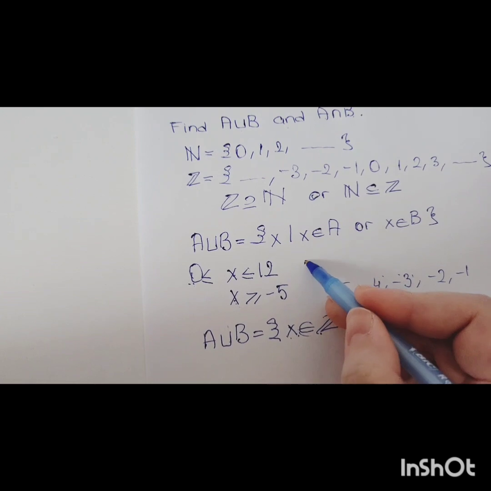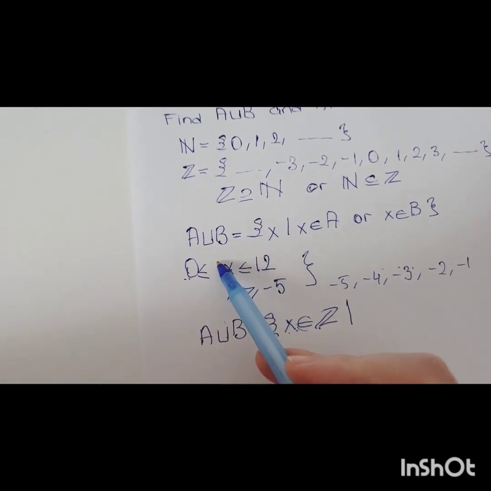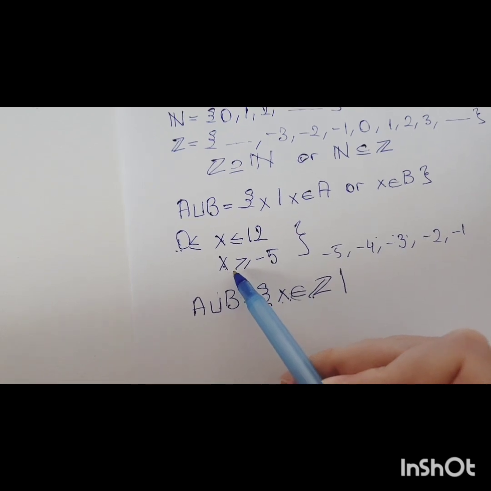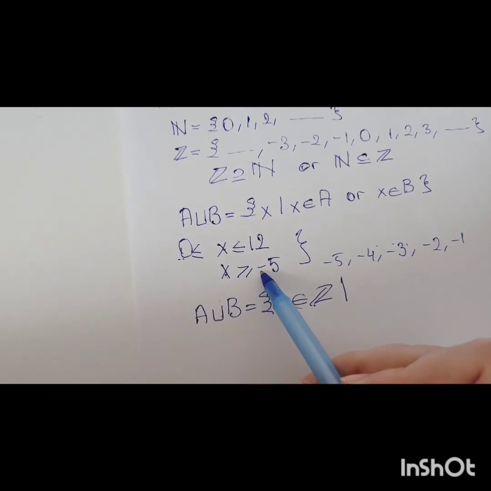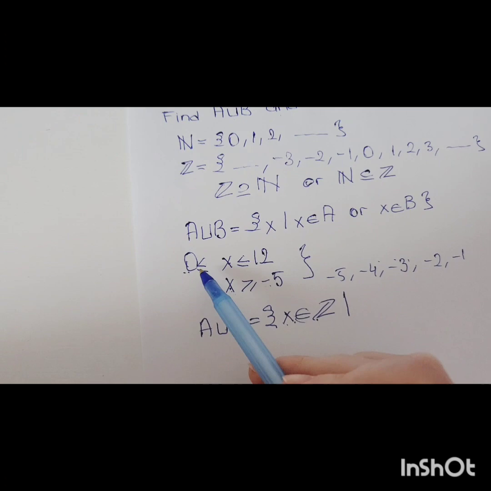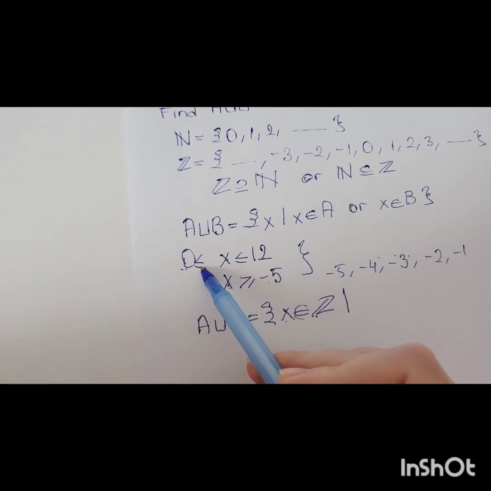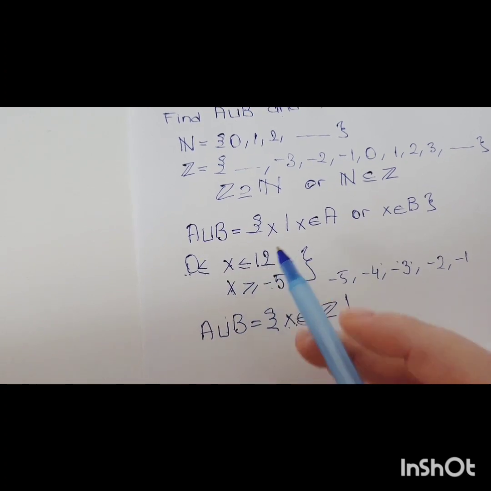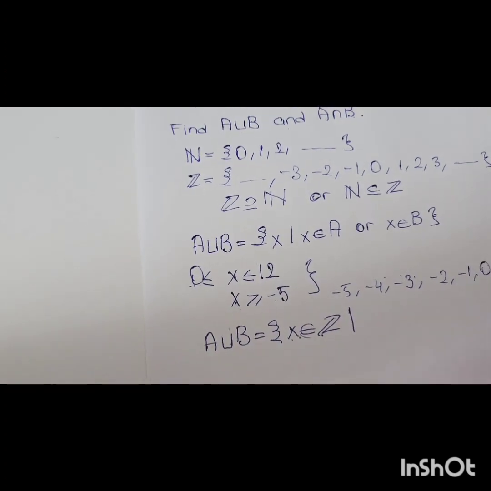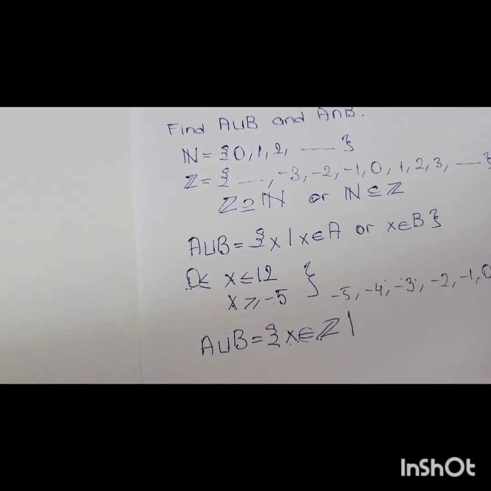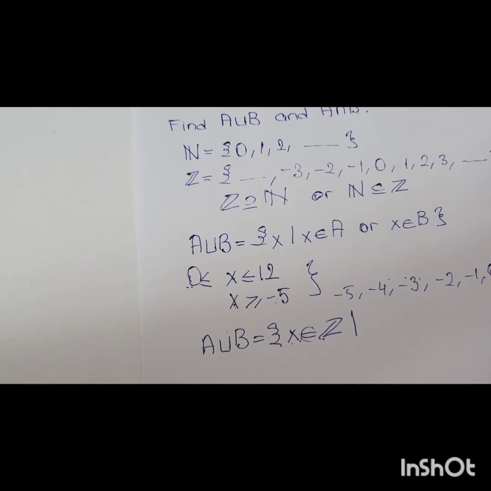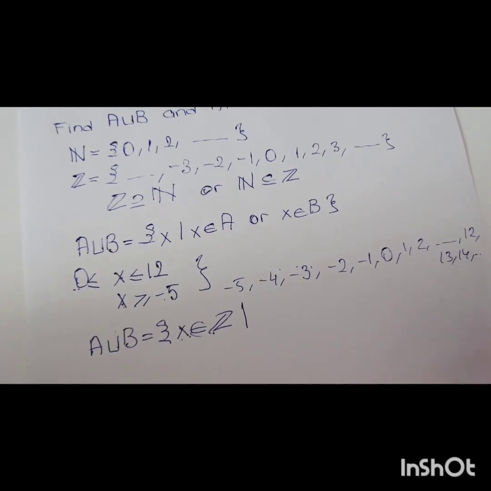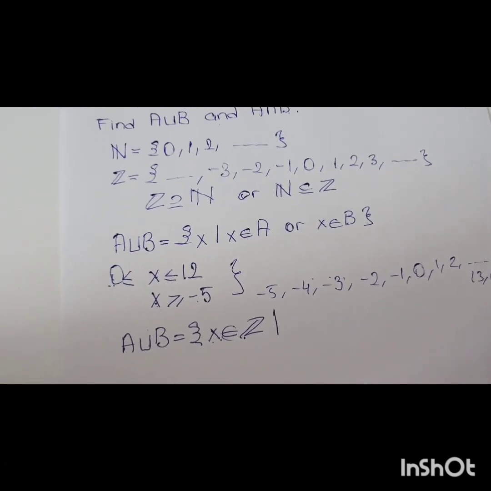And here, if x is greater or equal than -5, it also contains the elements between 0 and 12, because it goes on with 12 and 13, 14, and goes on like that to infinity.